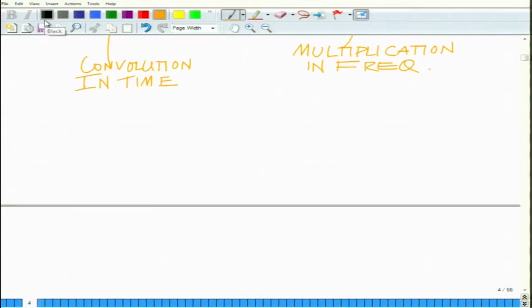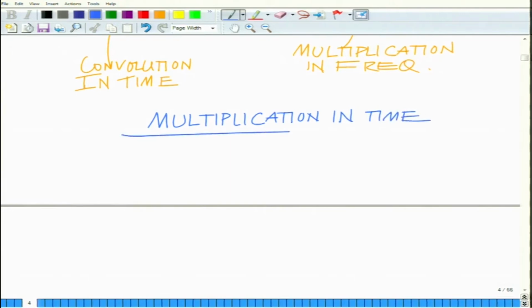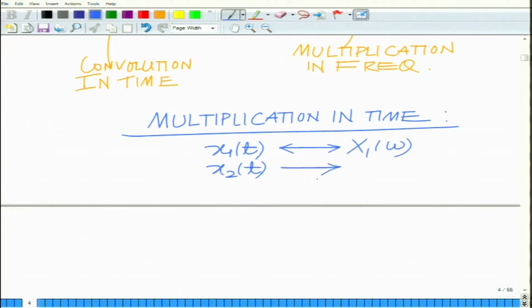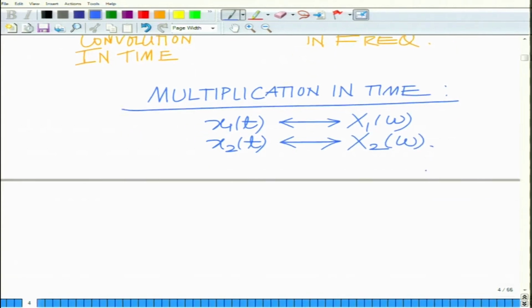Similarly, one last property, which is the dual of this: what happens when you multiply in time. It is similar to the previous scenario. You have x1 t which has the Fourier transform capital X1 omega, and x2 t which has the Fourier transform X2 omega.